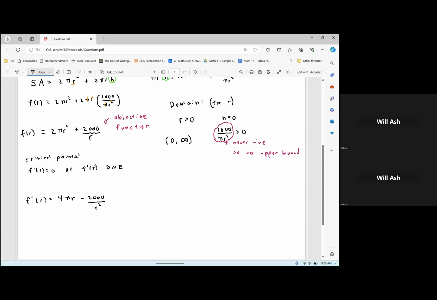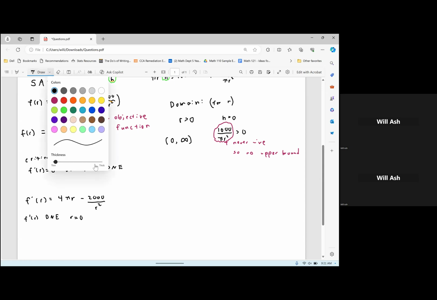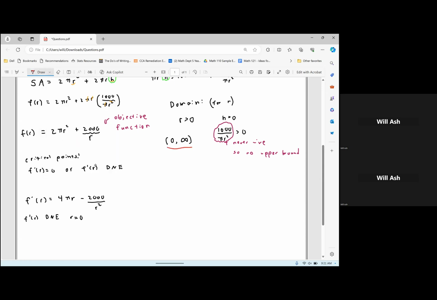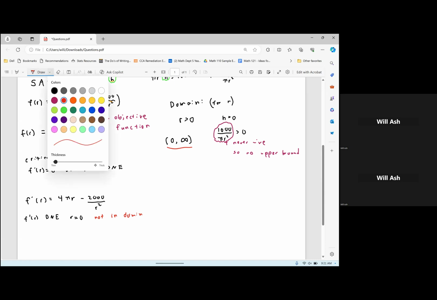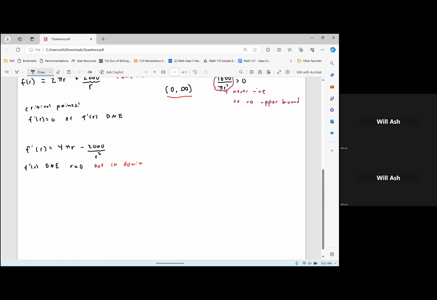So I guess we would say f prime of r is going to not exist when r is equal to 0, but from our domain, that's not in our domain anyway. So we don't care. So what I do care about is where f prime of r is equal to 0.